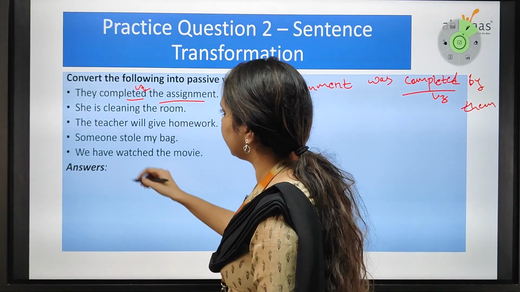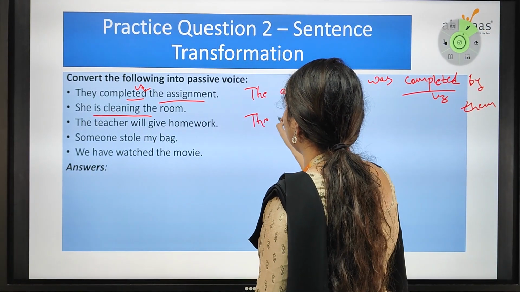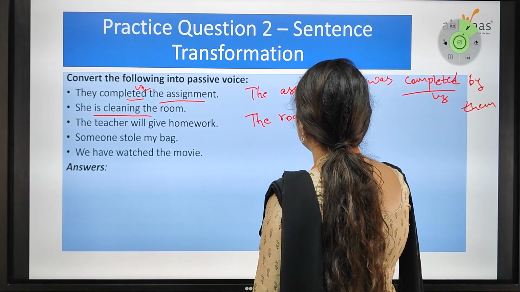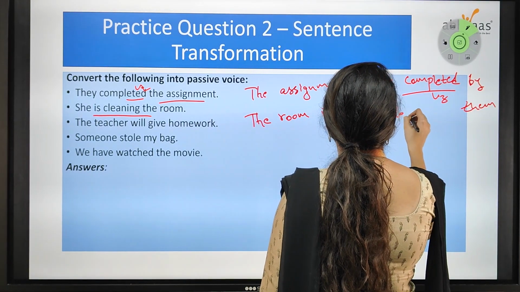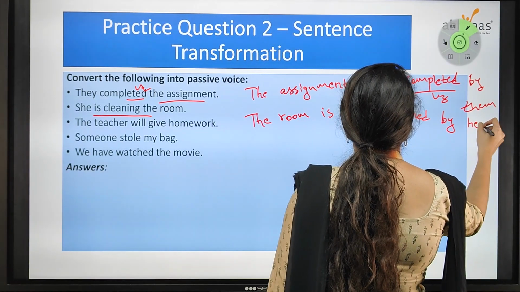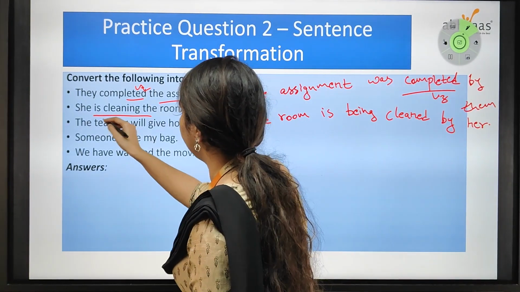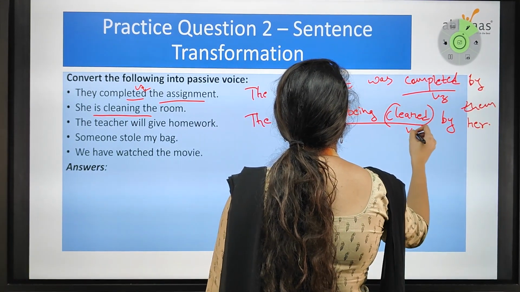Next, she is cleaning the room. This is present continuous. So it should be the room is being cleaned by her. Just identify the be form. Is being cleaned. Here cleaned is your V3.